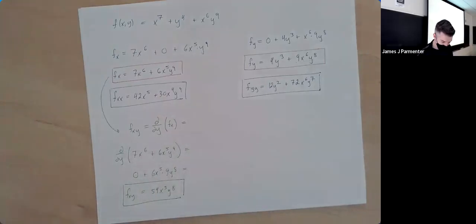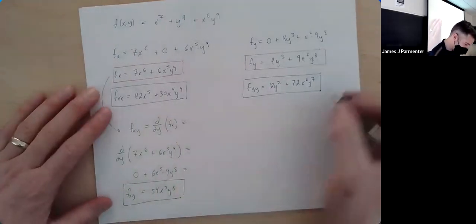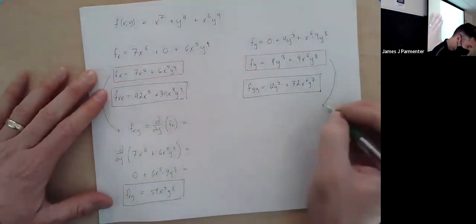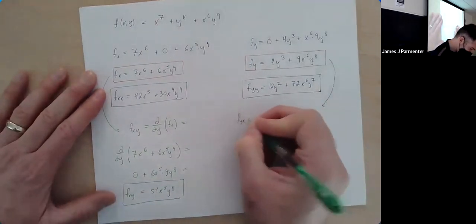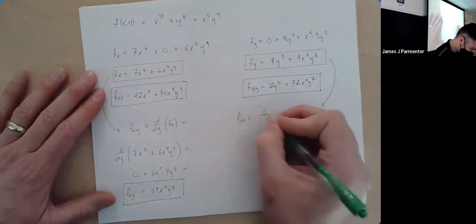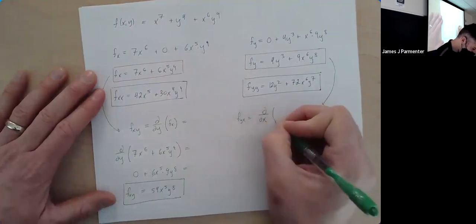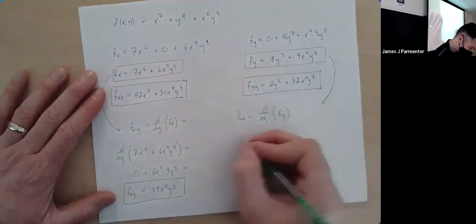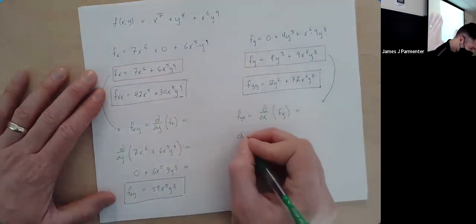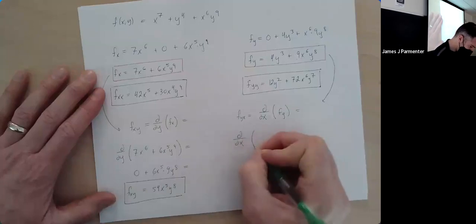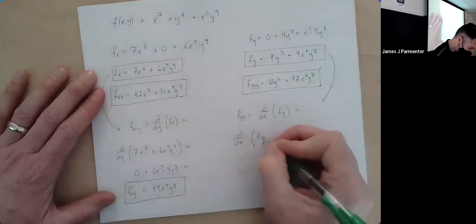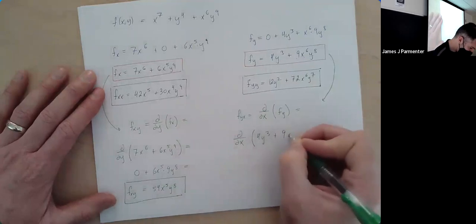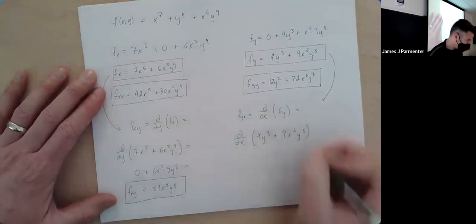So now let's do the same thing, but let's find the other mixed partial fyx. So I'm going to start with fy and think of taking the partial derivative with respect to x of that fy. That's the partial derivative with respect to x of my 4y cubed plus 9x to the 6th, y to the 8th.